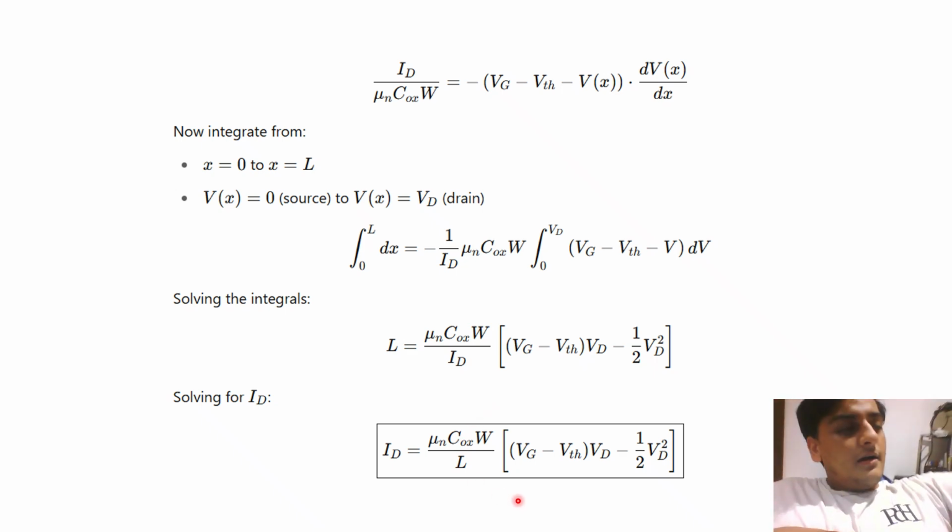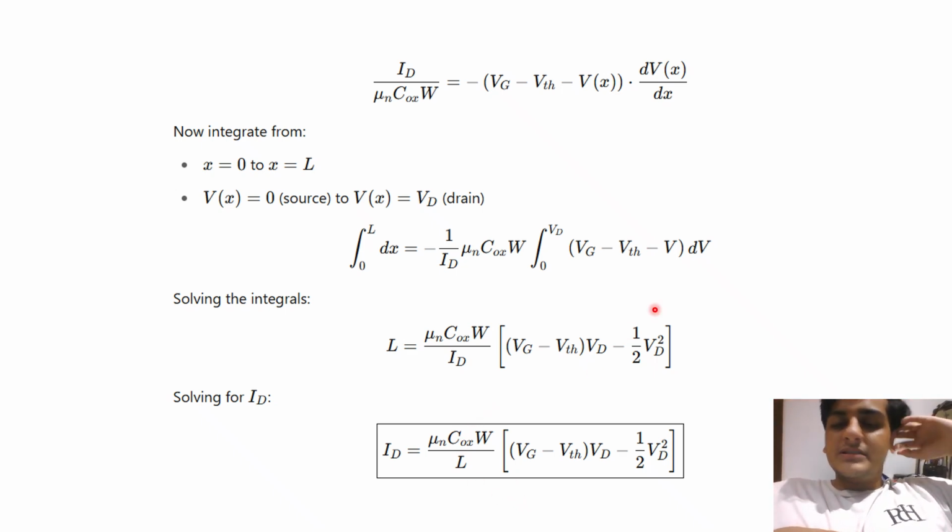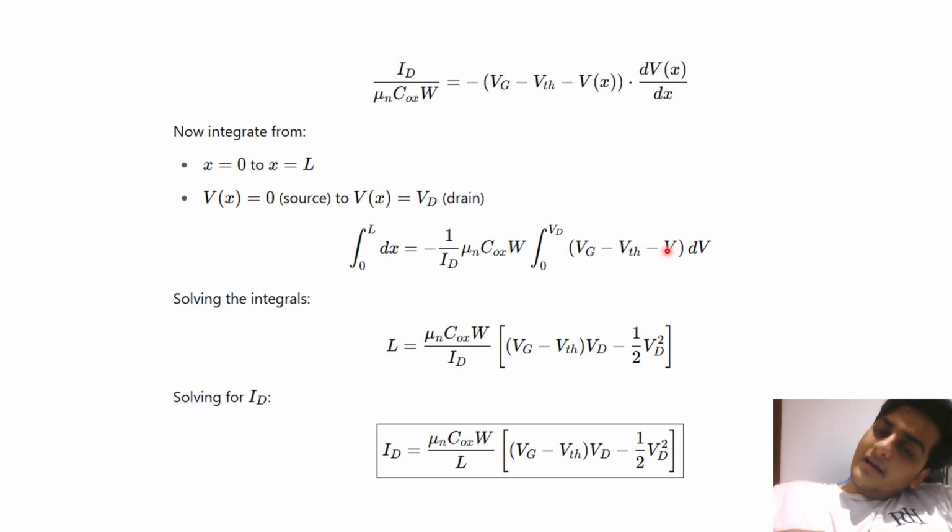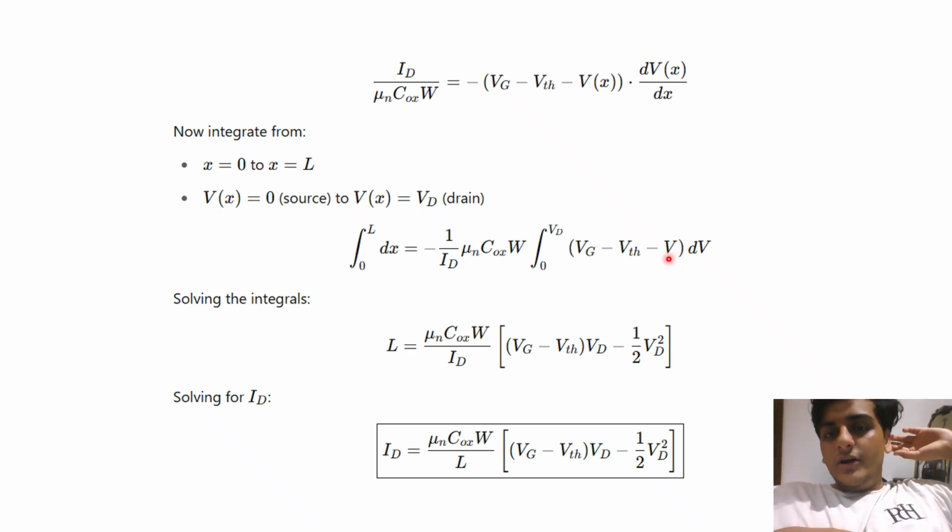Cool. Final caveat: if at your drain you have a voltage that is more than Vg minus Vth, you're essentially going to nullify the charge that was created due to the voltage at the gate.